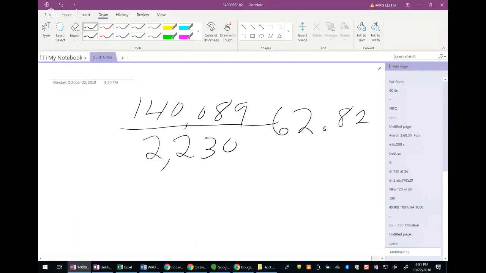All right, divide that into 360 or 365. 5.81. 5 point what? 81. So Apple turns their inventory over about every 6 days.